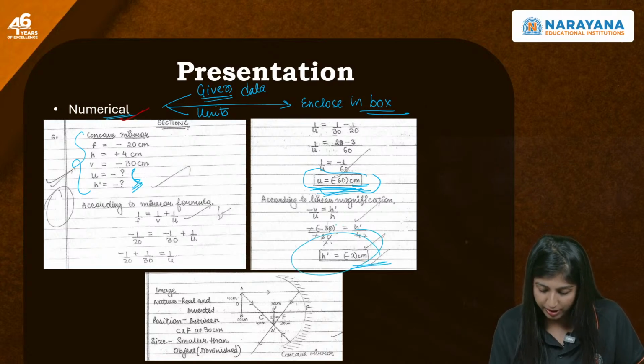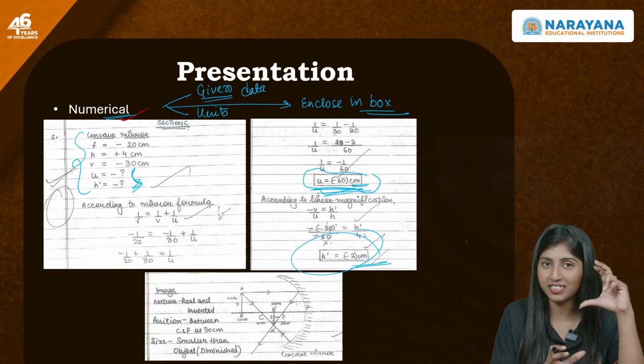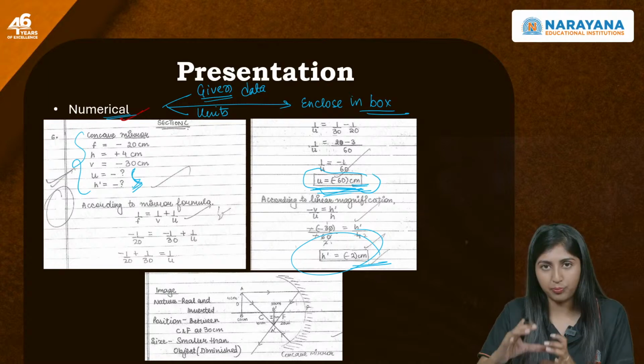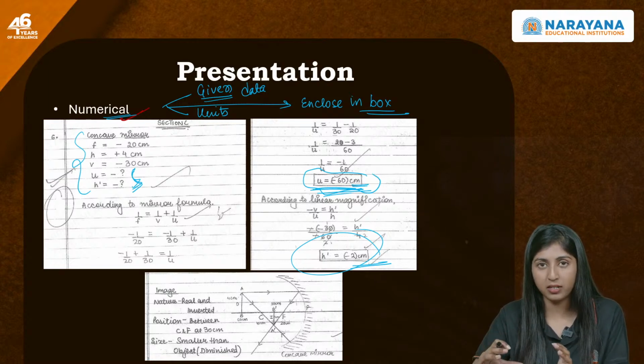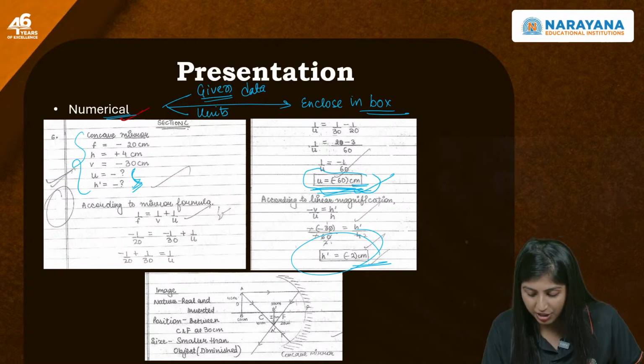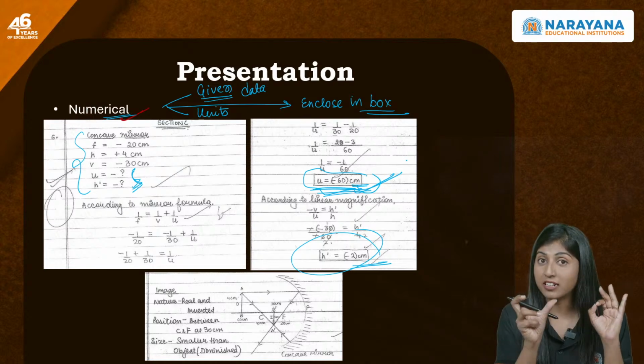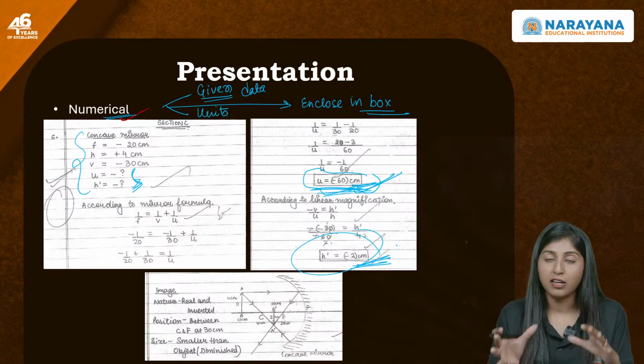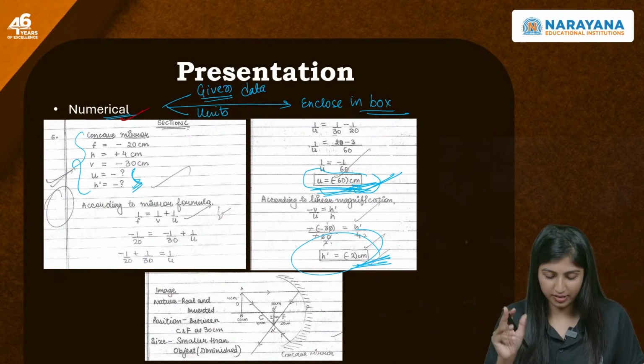This is very important. So once you write the answer, first start by writing the given. Whenever you are approaching a numerical, start with the given, approach and then solve the numerical, and then whatsoever answer you get, ensure that you have written the right units and you have enclosed the answer in a box. This is important.